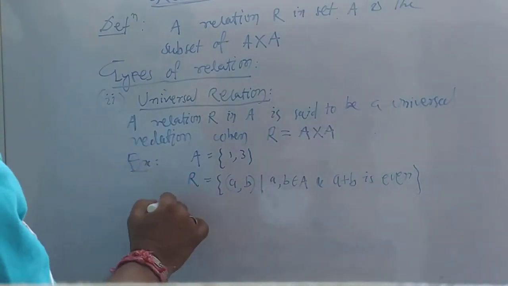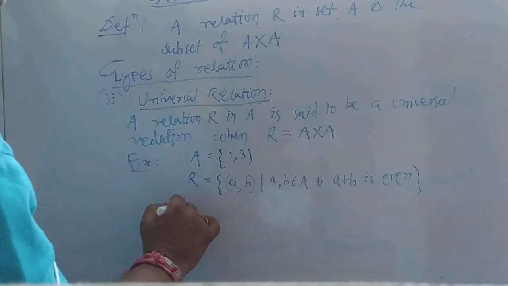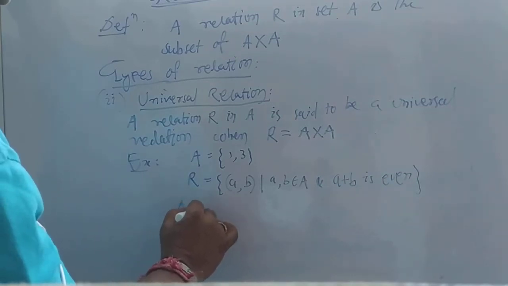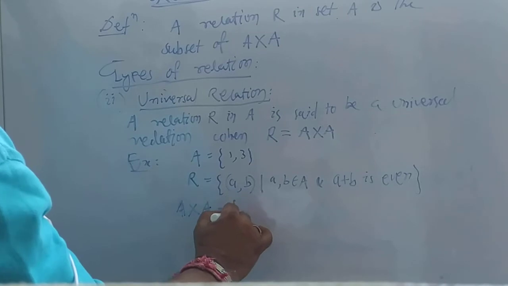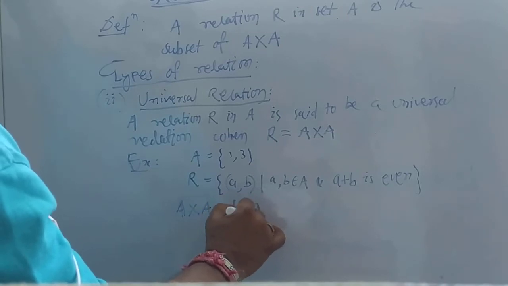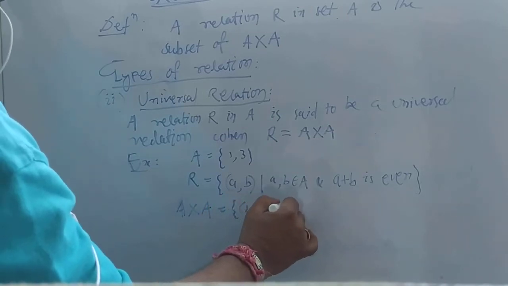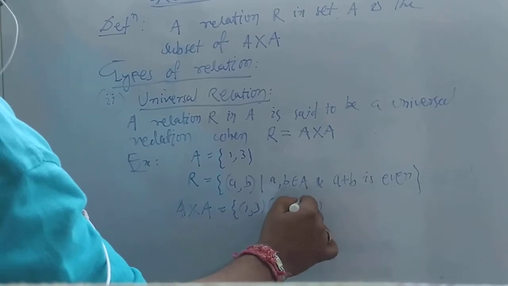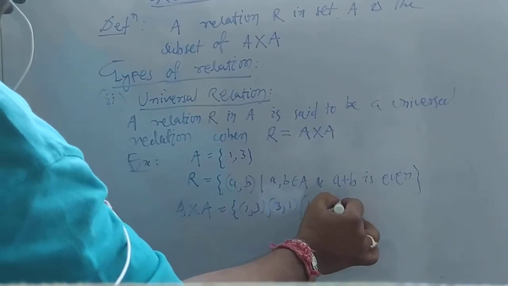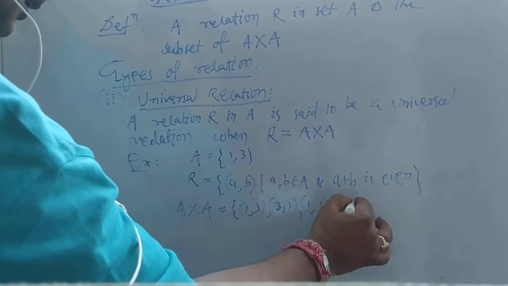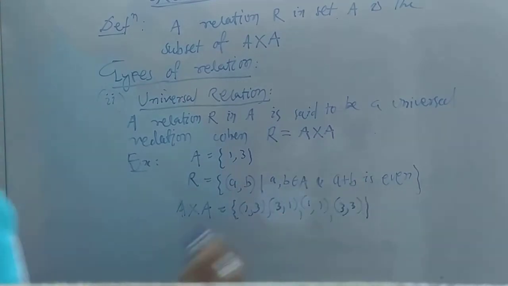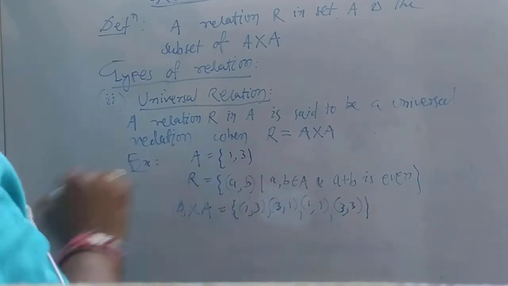So definitely here A cross A is equal to (1,3), (3,1), (1,1) and (3,3). Okay children, so here A cross A is this.